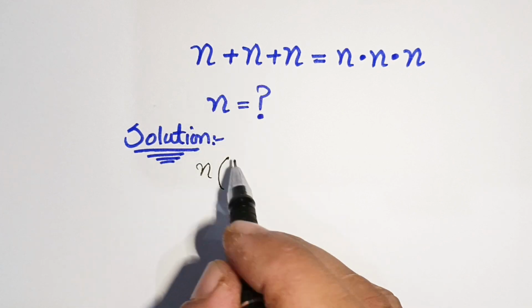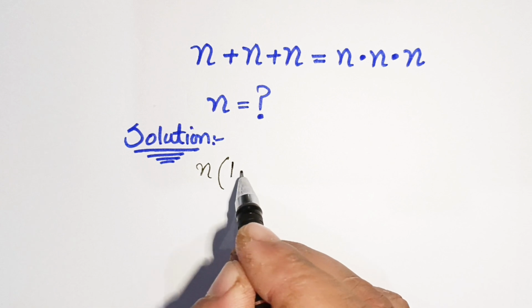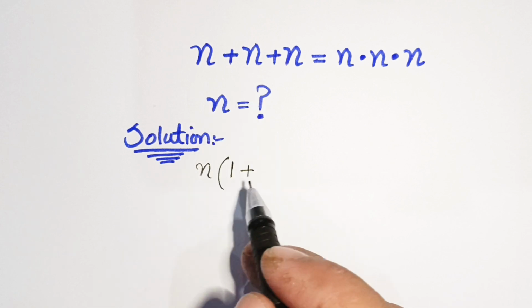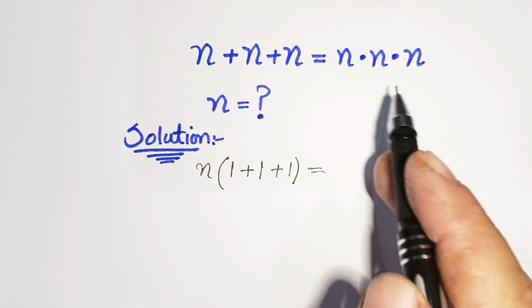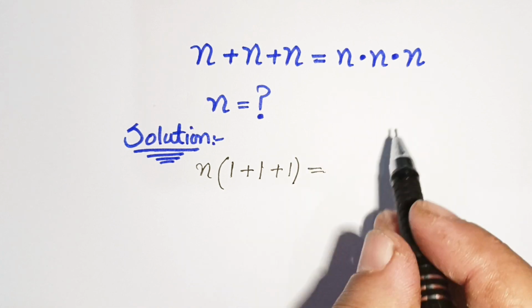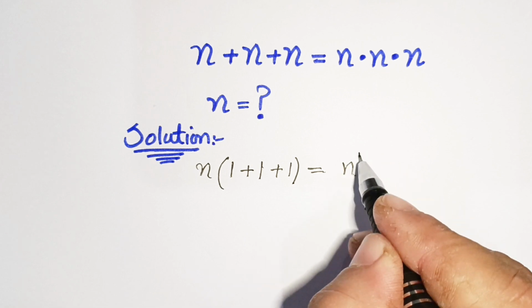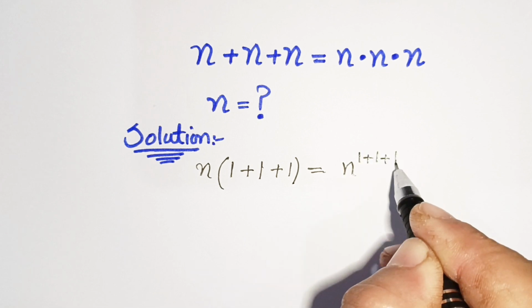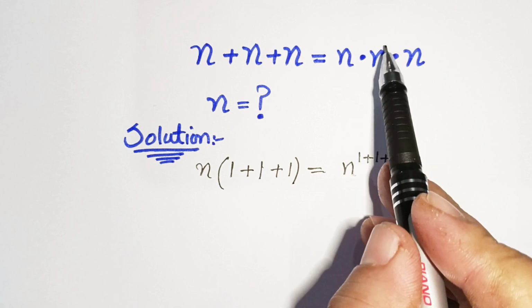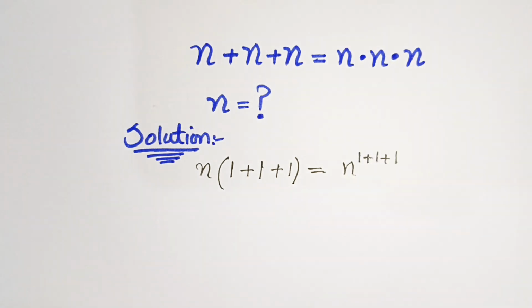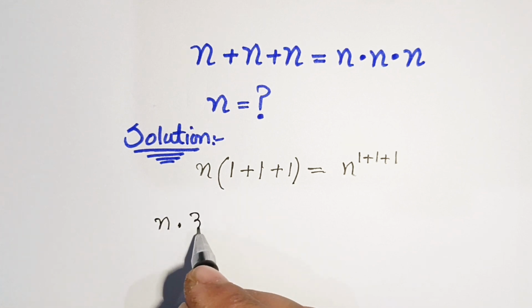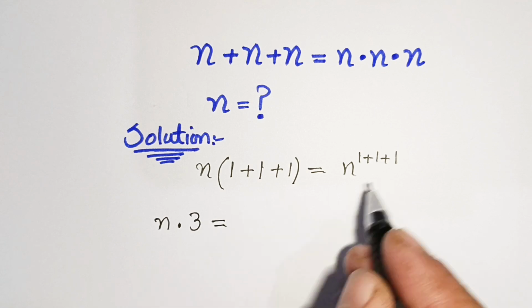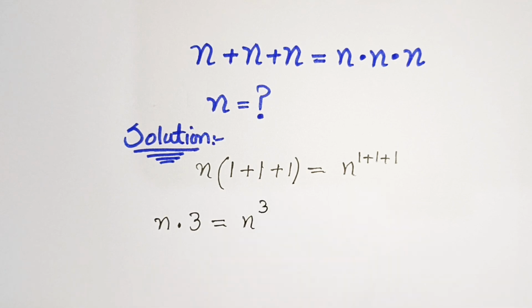Inside the bracket we get n divided by n, which is 1, plus n divided by n, which is 1, and again 1. On the right side we have n times n times n, so we get n to the power 1 plus 1 plus 1, as the exponent is 1 and we add the exponents because the bases are the same. 1 plus 1 plus 1 is 3, so we get n cubed.